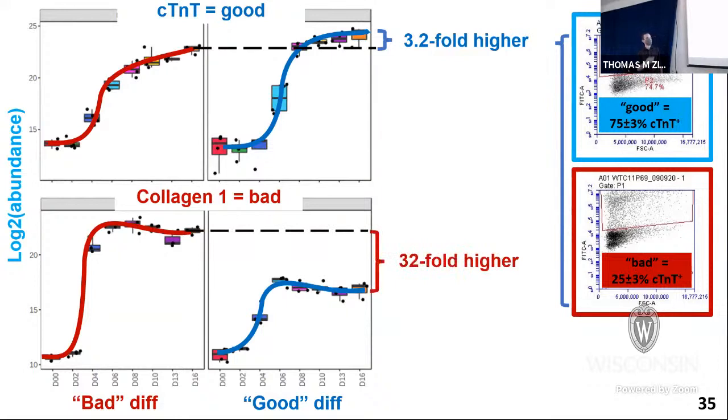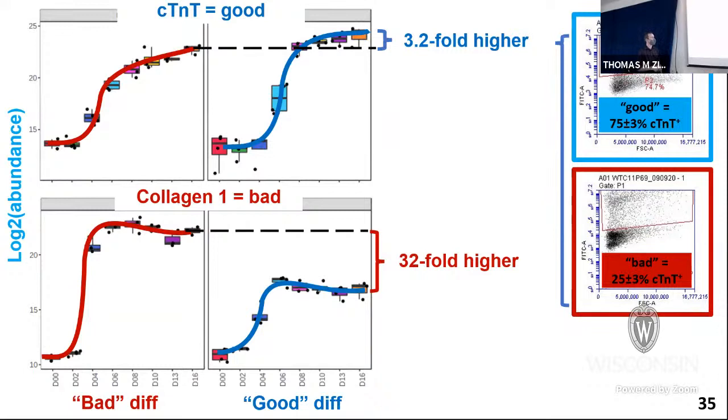Another protein that we expect to be upregulated in a bad differentiation is collagen 1, which is secreted by a lot of potential off-target cell types. It's a matrix protein, a protein that cells secrete to try to modulate their local environment. It's quite heavily secreted by fibroblasts or skin cells and things like that, and these are potential off-target cell types in the differentiation.